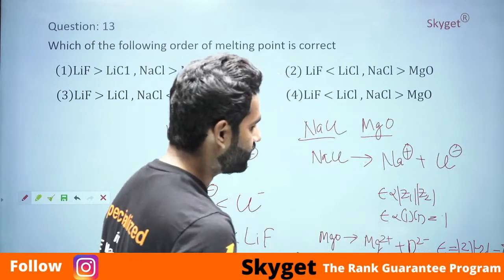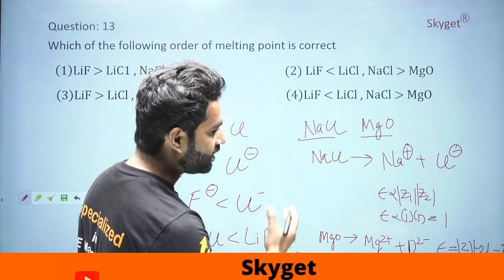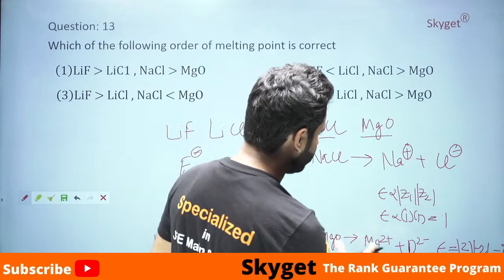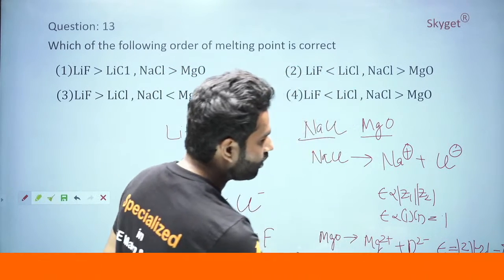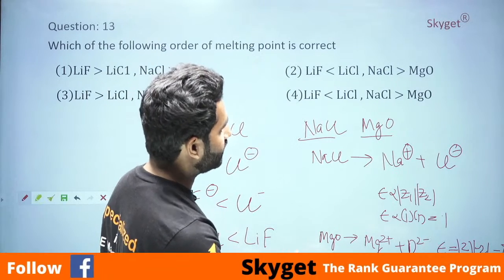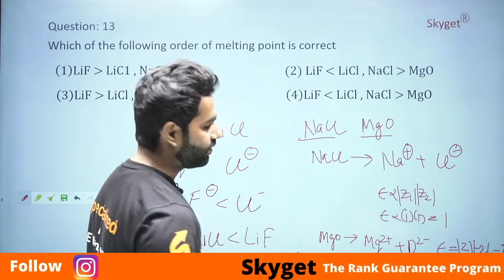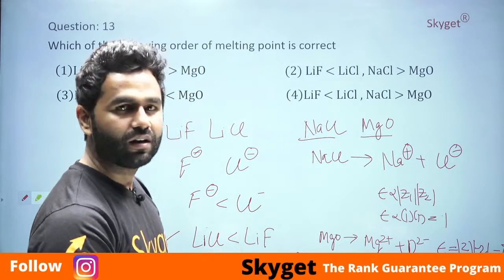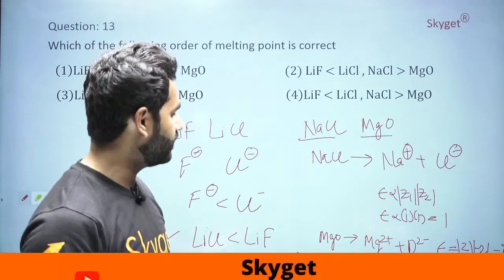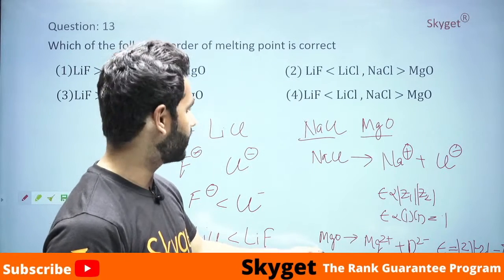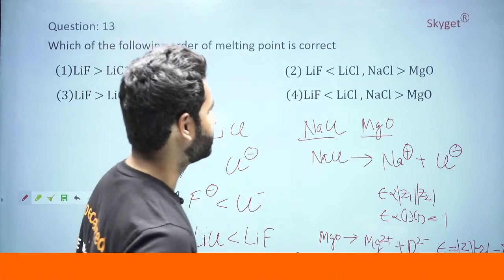So the lattice energy of MgO, based on the charge, is 4 times greater than the lattice energy of NaCl. It means the lattice energy of MgO is greater than NaCl, which ultimately implies that the melting point of MgO is greater than the melting point of NaCl.